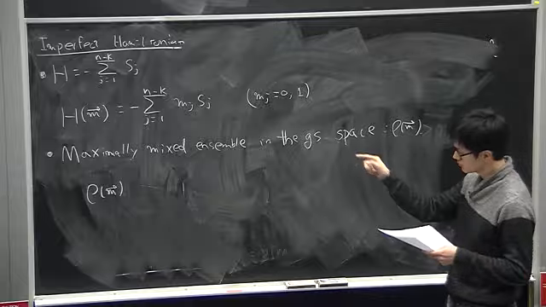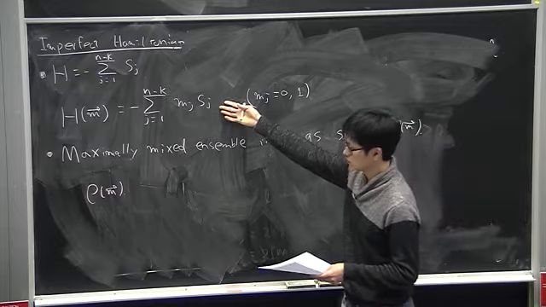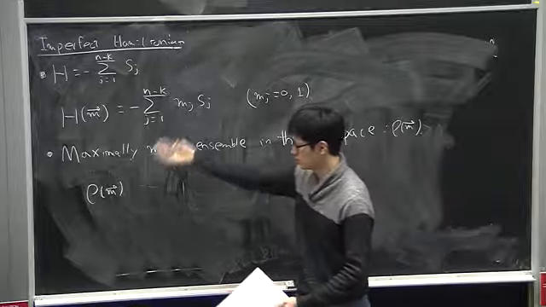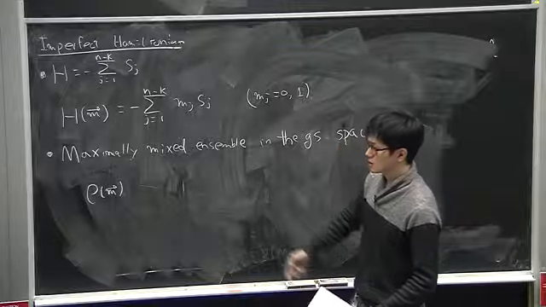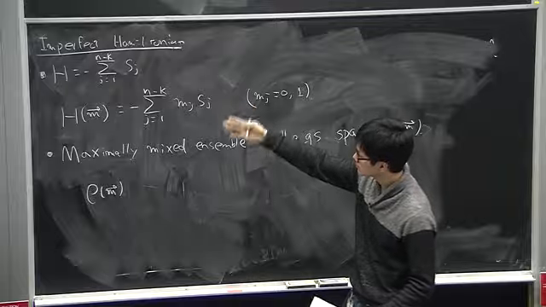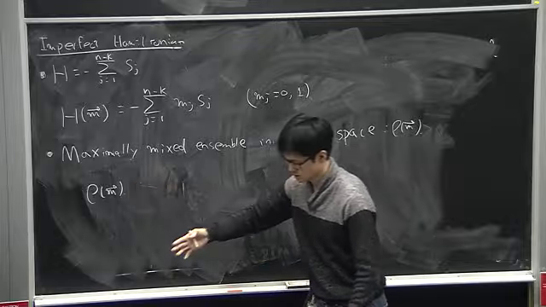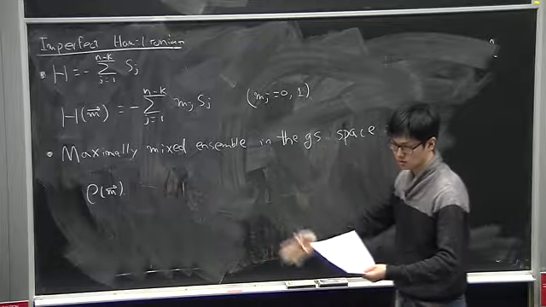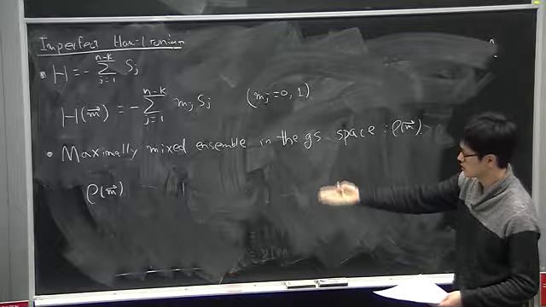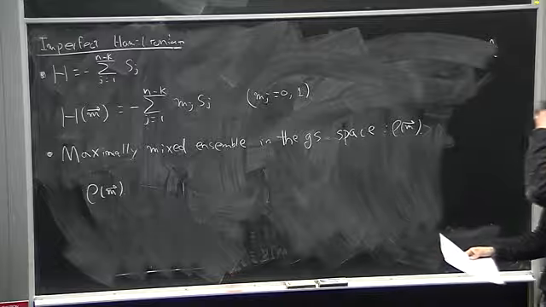Roughly speaking, rho_m is the following object: you solve this Hamiltonian, look at the ground states, and then take the maximally mixed ensemble over all the ground states. If this Hamiltonian contains all the terms in the original Hamiltonian without any missing terms, then this is just a probabilistic mixture of all the ground states. But by removing terms, you increase the dimension of the states, and it's a more and more mixed state. This is the construction.